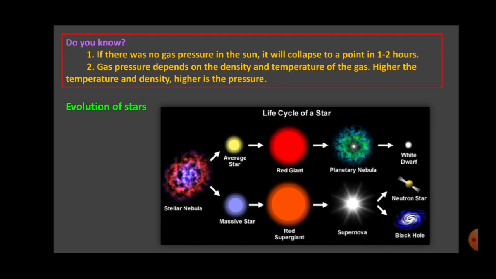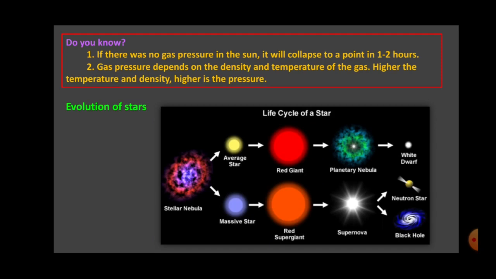We had studied that the stars are stable because of the balance maintained between the gravitational force inwards and the pressure outside, right? But if this balance is disturbed, then the stars will not remain stable.